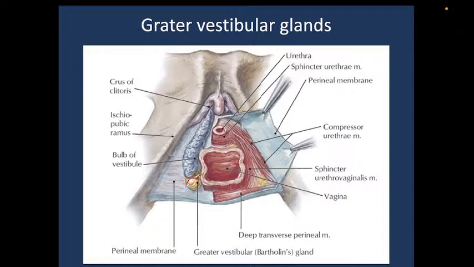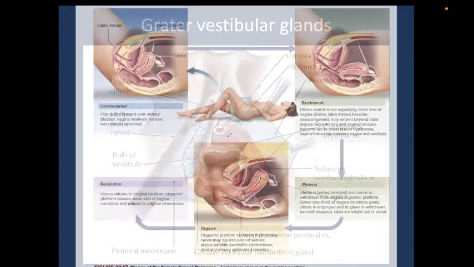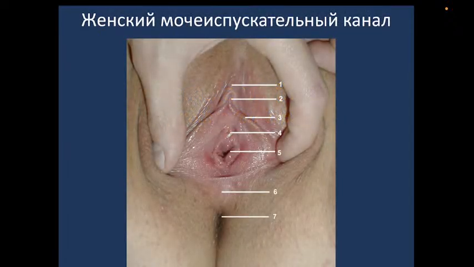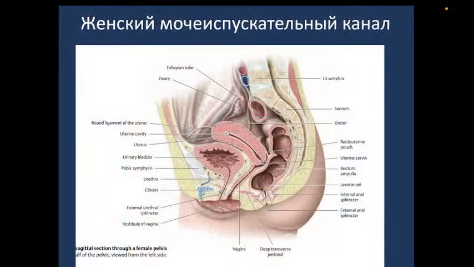The greater vestibular glands are located under the bulb of the vestibule, but the smaller ones are located in the labia minora folds. This is the female urethra. Its opening is located in the vestibulum of the vagina, and this is a short canal between the urinary bladder and the vestibule of the vagina.